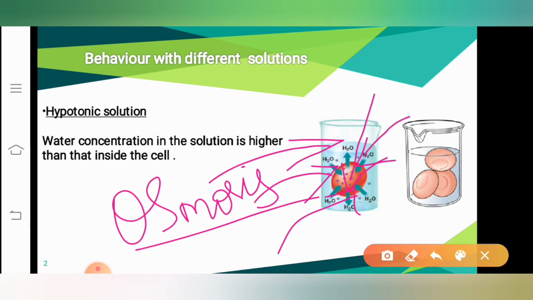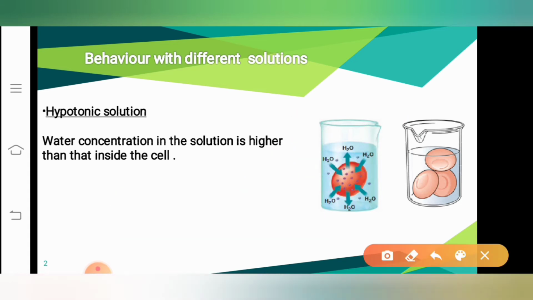As per osmosis, water moves from the region of higher concentration into the cell, that is, to the region of lower concentration, because the cell is having less concentration of water. So now, as the water is moving from the higher level region to the lower level region, inside the cell, then what happens?